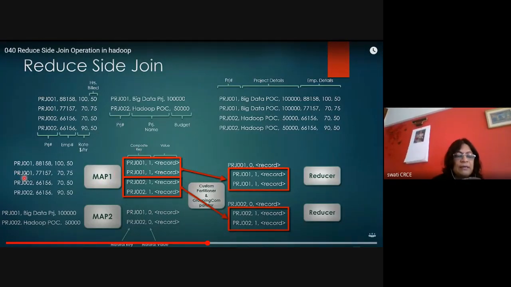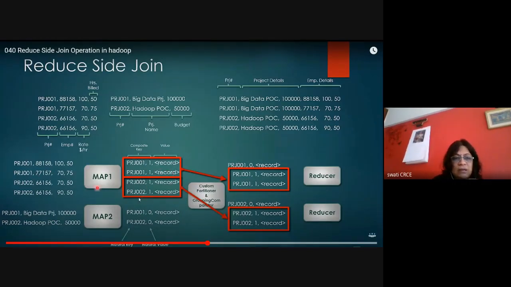There was only a primary key in the relation, so it will modify each and every relation. It will convert this primary key into a composite key. And what is a composite key? It is a combination of the primary key and some tag number. The tag number is one for this table, and zero for the project main table. So it will add that and create a composite key along with the rest of the record.